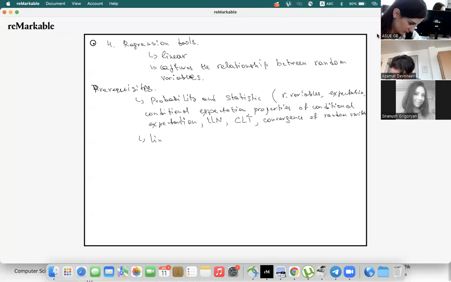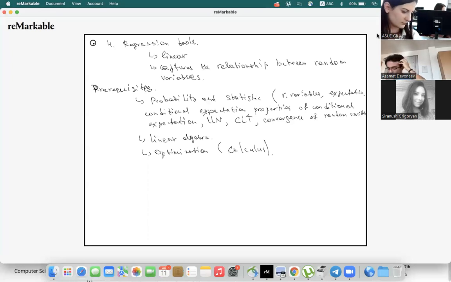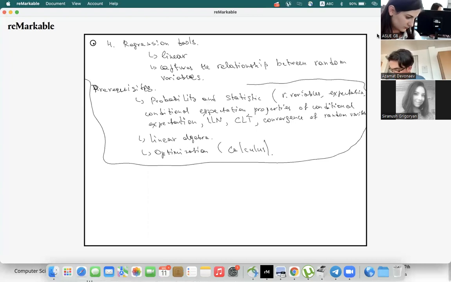Then you need linear algebra and a bit of optimization calculus. I'm going to use these extensively, and I hope you don't have any problems with this.